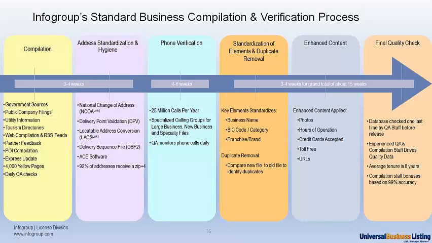But one shouldn't underestimate the value of the data aggregators in the process, and this we view infogroup as the most important data aggregator, it's the most heavily relied upon. And you can see here that from their process, you can look at the many sources on the left-hand side that they go through for gathering data.